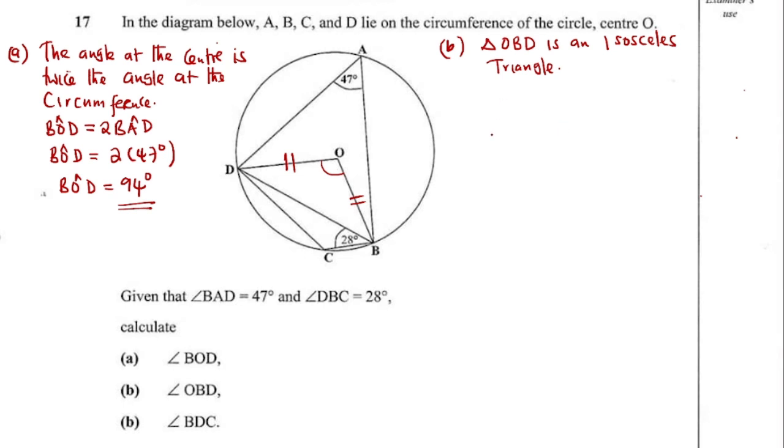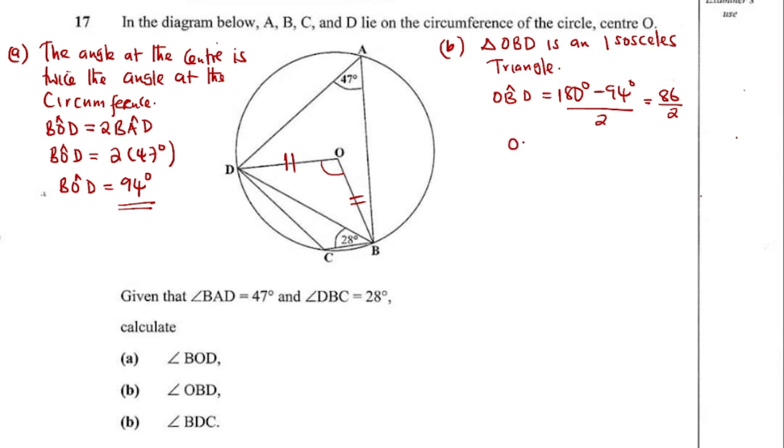Equal. So now that at O there I've got 94, therefore we can say that angle OBD equals 180 degrees minus 94 divided by 2. That one is going to give us 86 divided by 2.